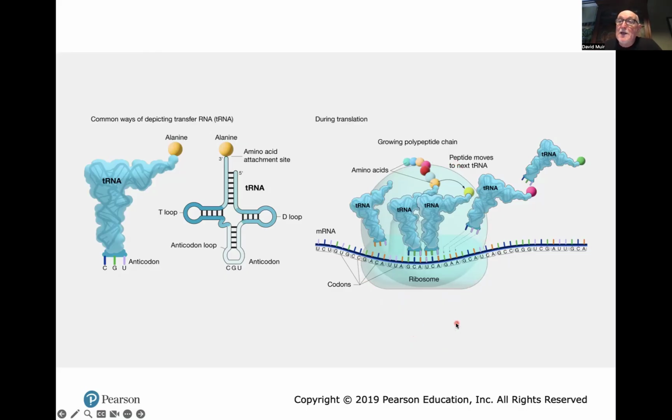It is the responsibility of the ribosome to manage the messenger RNA code and to bring in the correct tRNAs at the correct time and to forge the bonds between the amino acids to form the polypeptide chain. So there's a heavy responsibility for the ribosome.